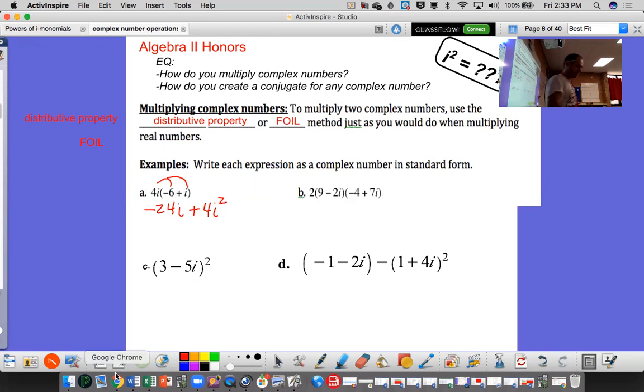Okay, and then we have to simplify our power of i. i squared equals -1, so this would be a -4 then. And remember, I don't really like leaving it like this. I'd much rather have my real part first than my imaginary part. So this would be -4 plus 24i. And that's oldie but goodie.